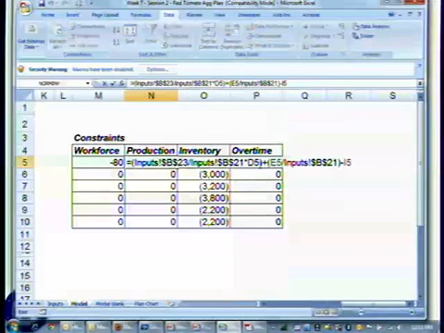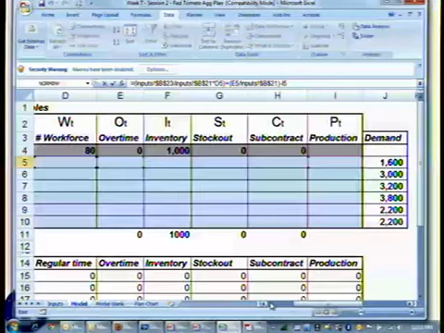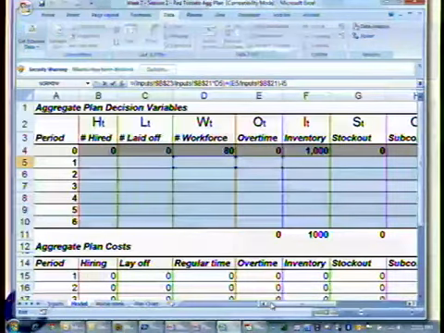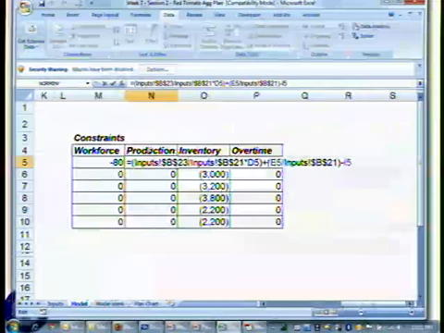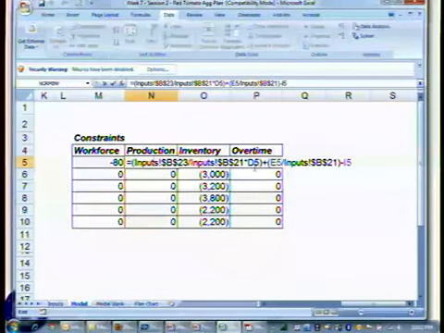We multiply by D5. D5 is the number of workers. So this is that calculation that we arrived at that gives us the regular time worker hours and units of regular time for each month.